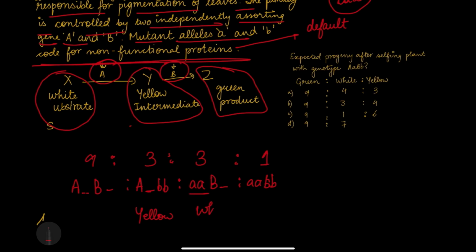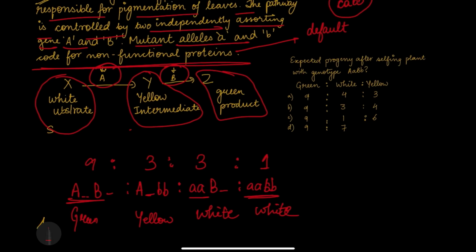So it will show the default stage or the non-functional state, white. Here also we'll get white because both are recessive. Here we will get green product because dominance of both can be seen. So here we'll check in the options which is 9 of green, 3 of yellow and 4 of white.